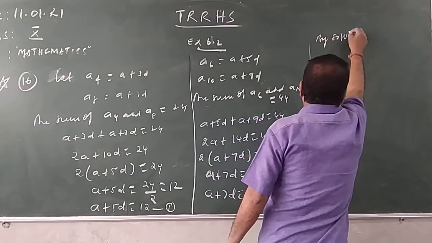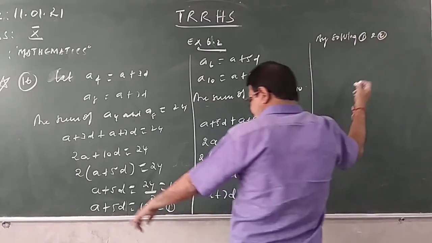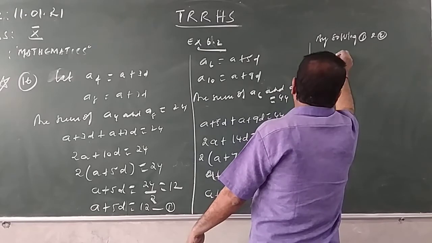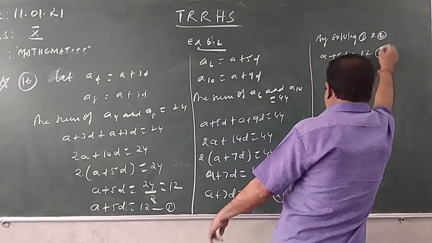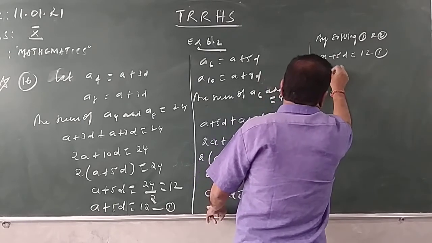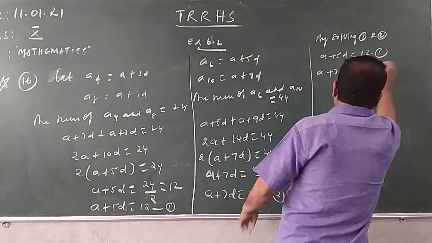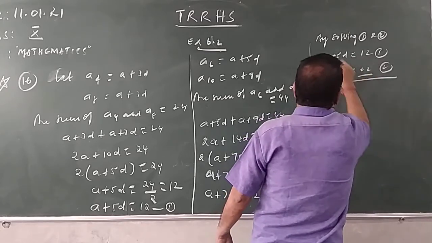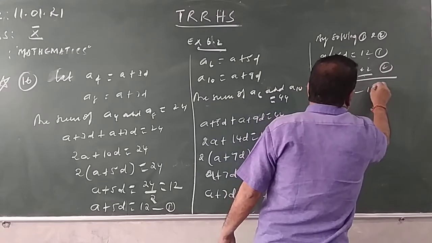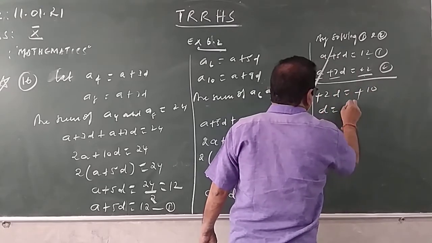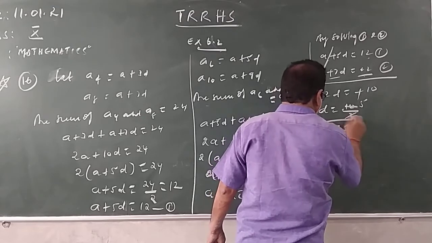By solving the first and second equations: a plus 5d is equal to 12, and a plus 7d is equal to 22. Change the signs, a cancels. Minus 2d equals 12 minus 22, which is minus 10. So d is equal to 10 by 2, d is equal to 5.